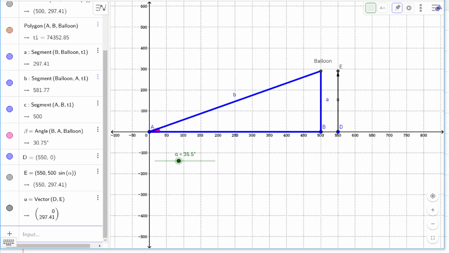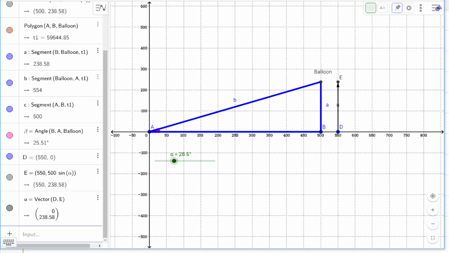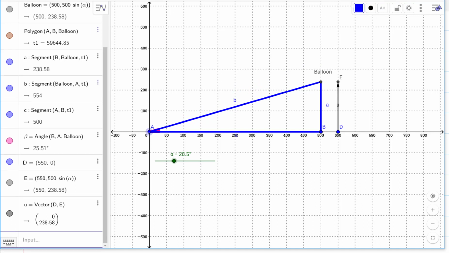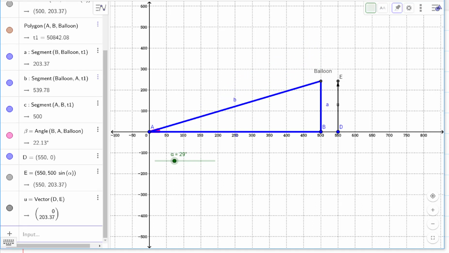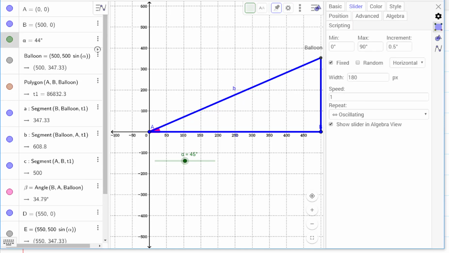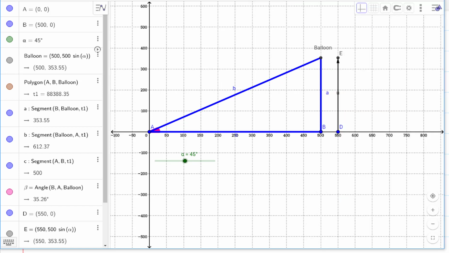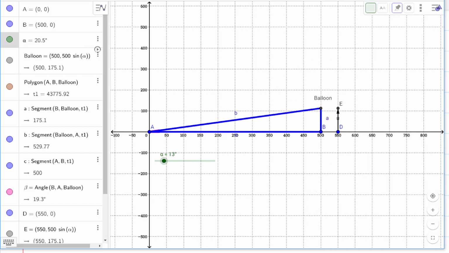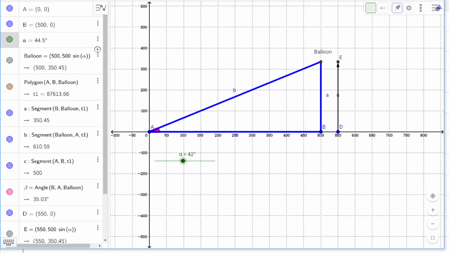So the height of the balloon is changing, and the angle between the rangefinder, which is at point A, and the balloon is also increasing. So we want to know how fast the balloon is rising right when the angle is pi over 4, which is 45 degrees. How fast is it going at that particular second?